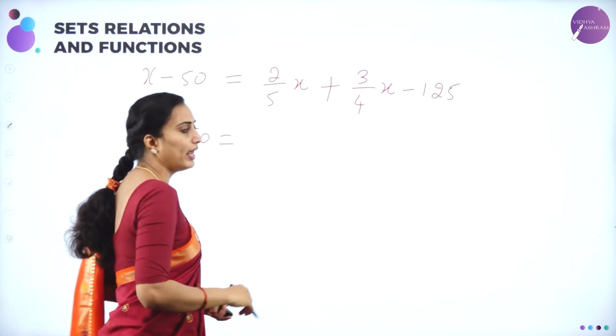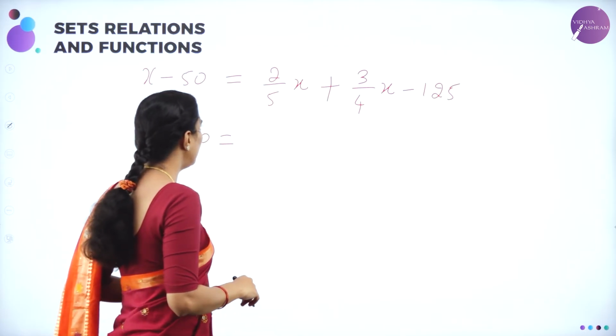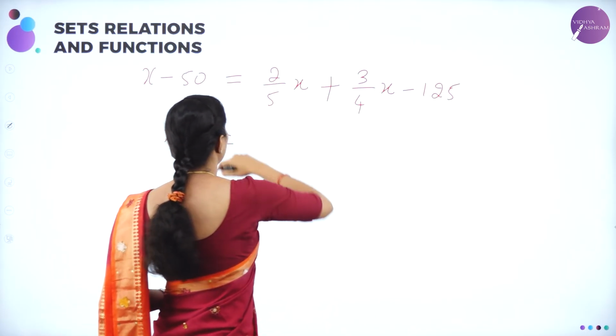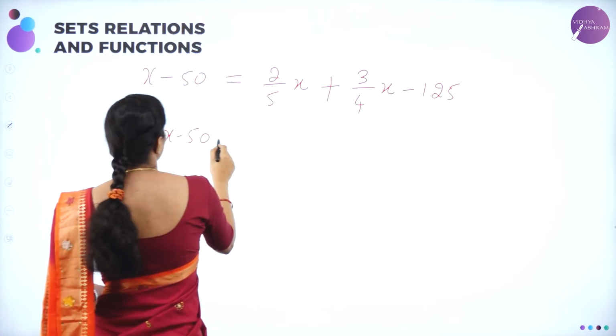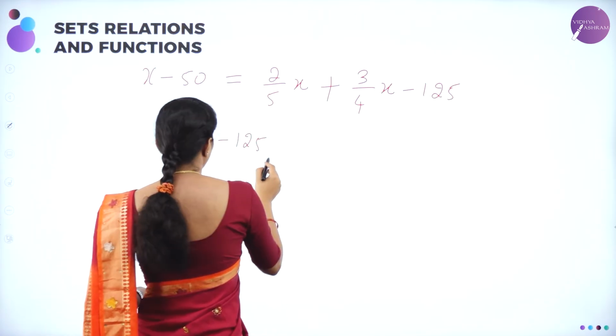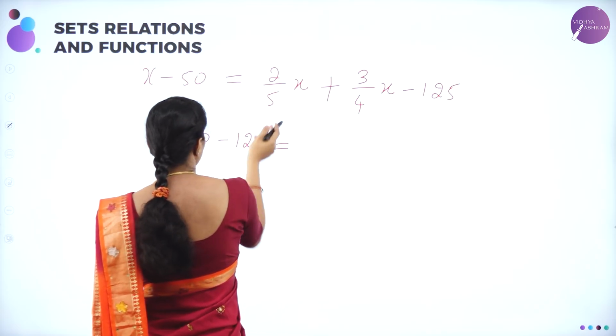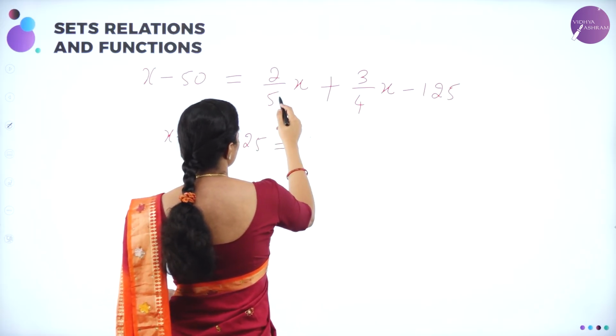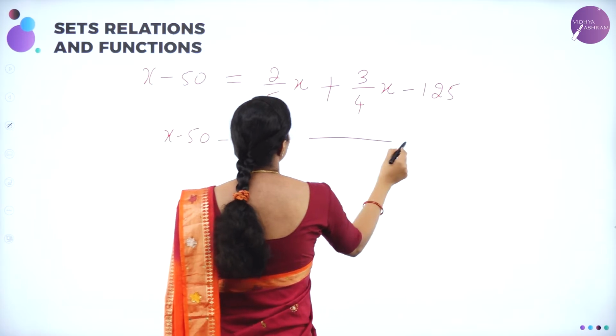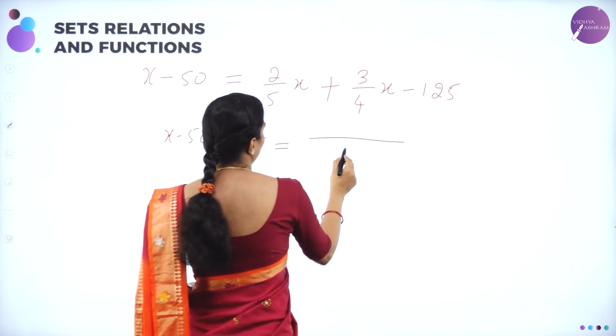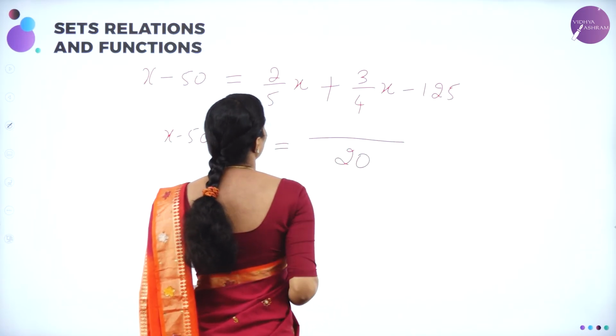What is the LCM? LCM will be 420. This minus 125, let me take it to this side. It will become minus 125 is equal to, let me take this X to that side, 2 by 5. You can take the LCM, which will be 5 4s are 20, correct? 20 will be the LCM.